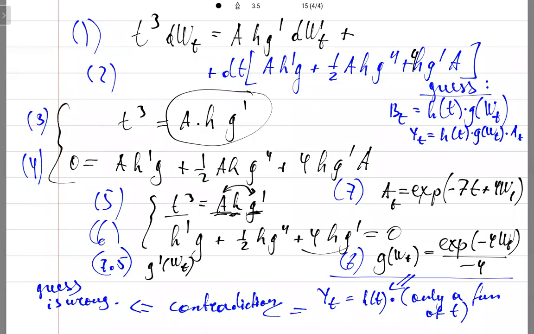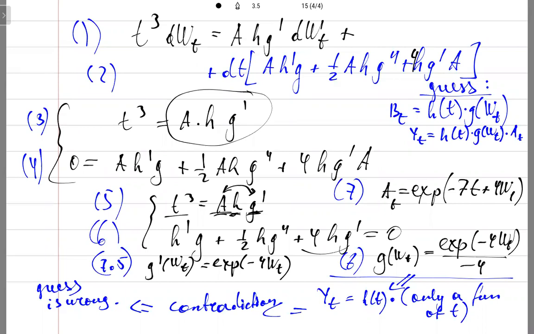So a and G prime should remove all randomness. A multiplied by G prime should be non-random. So G prime should be exponent of -4 Wt.